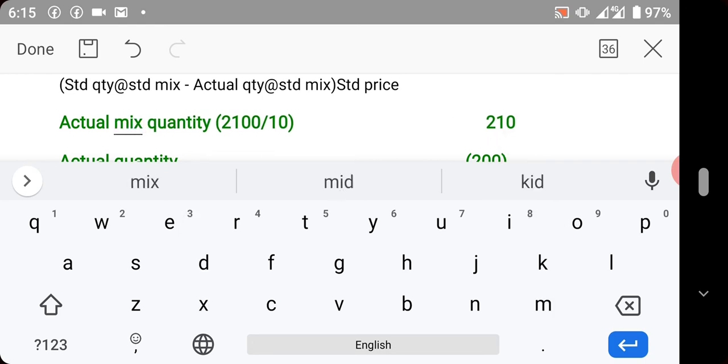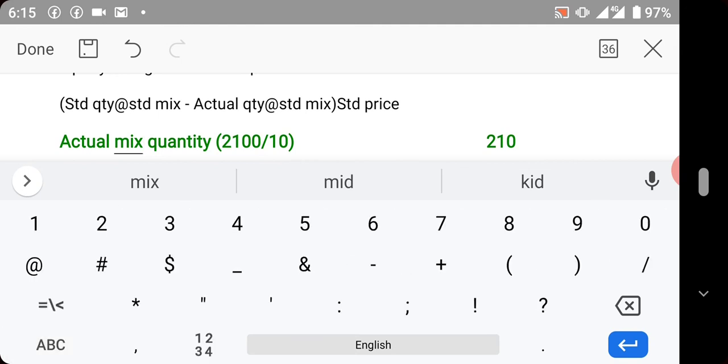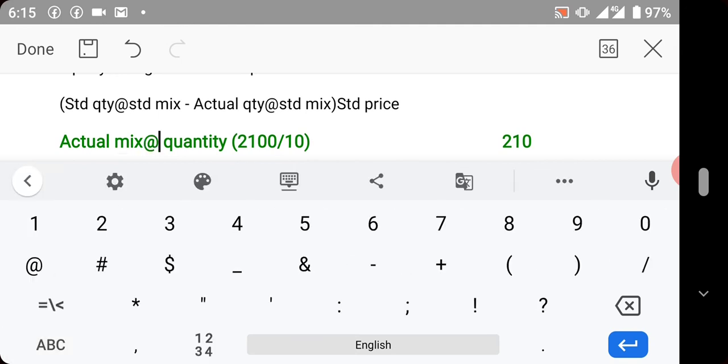Actual mix. Are you there? Actual mix at standard mix.